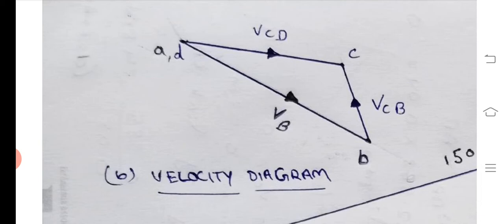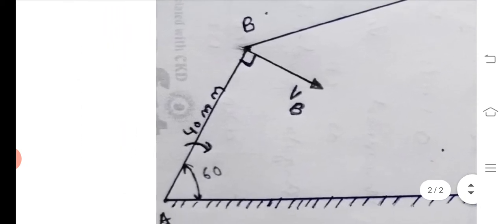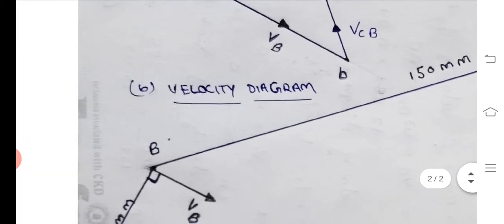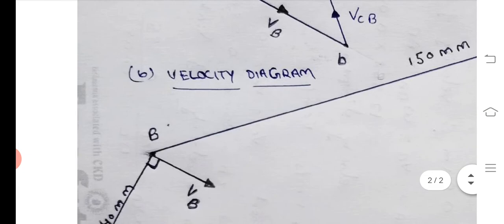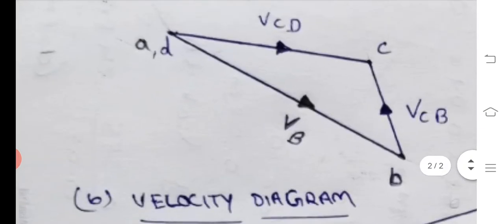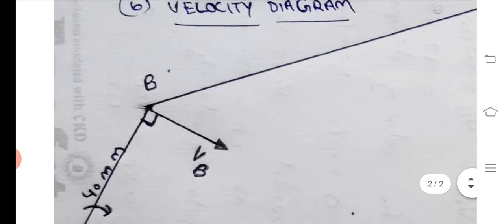Now as we have seen, the vector VB we have drawn is perpendicular to link AB. So draw a vector VB from AD which is parallel to the vector which we have drawn in the space diagram. Draw a vector parallel to VB.